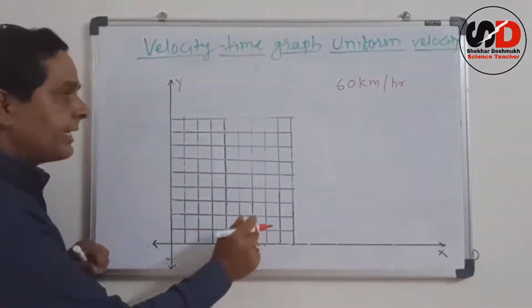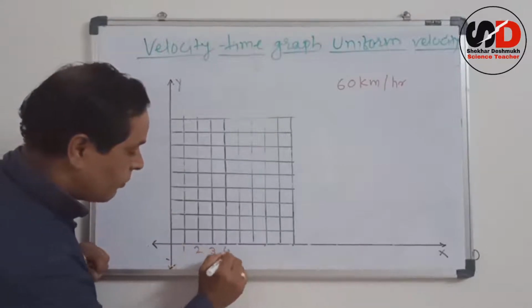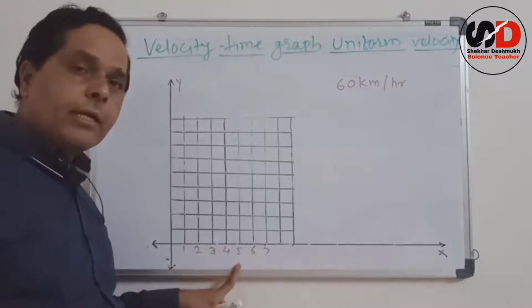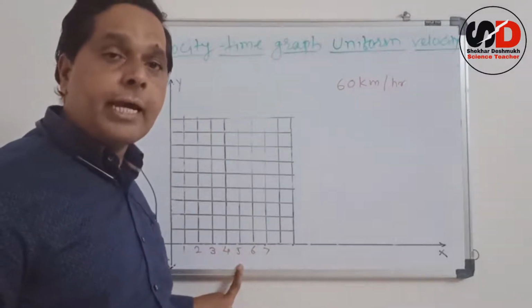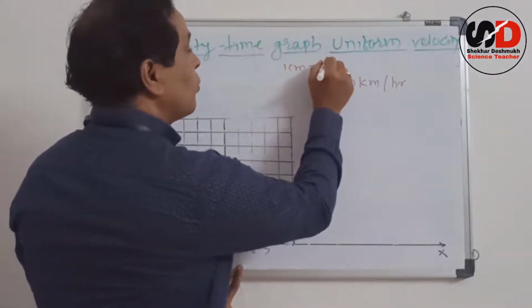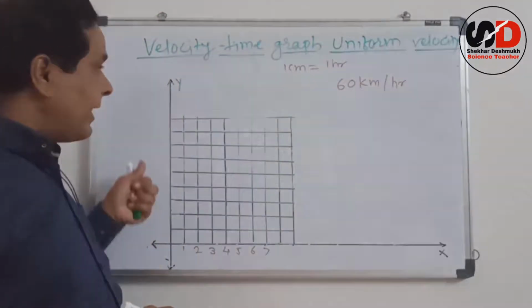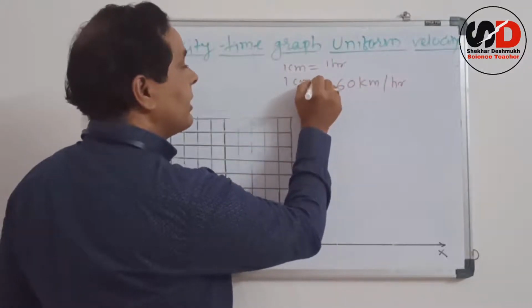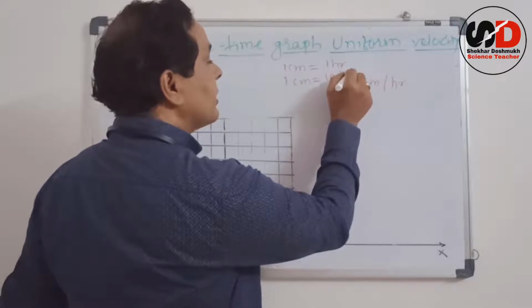The readings on x-axis are 1, 2, 3, 4, 5, 6, 7. That means we are taking hours, that means time. On x-axis we are taking time, 1 centimeter is equal to 1 hour. And on y-axis, 1 centimeter is equal to 10 kilometers.